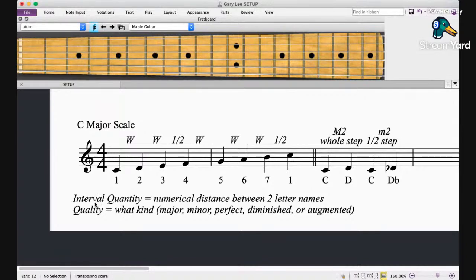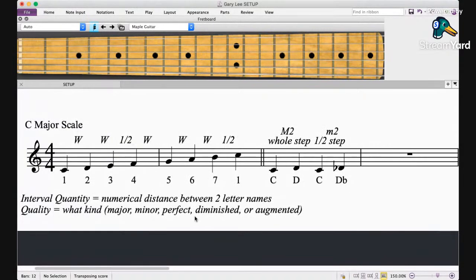So the interval quantity for both of these is the same. They're both seconds, but the quality is different. One is major and one is minor.